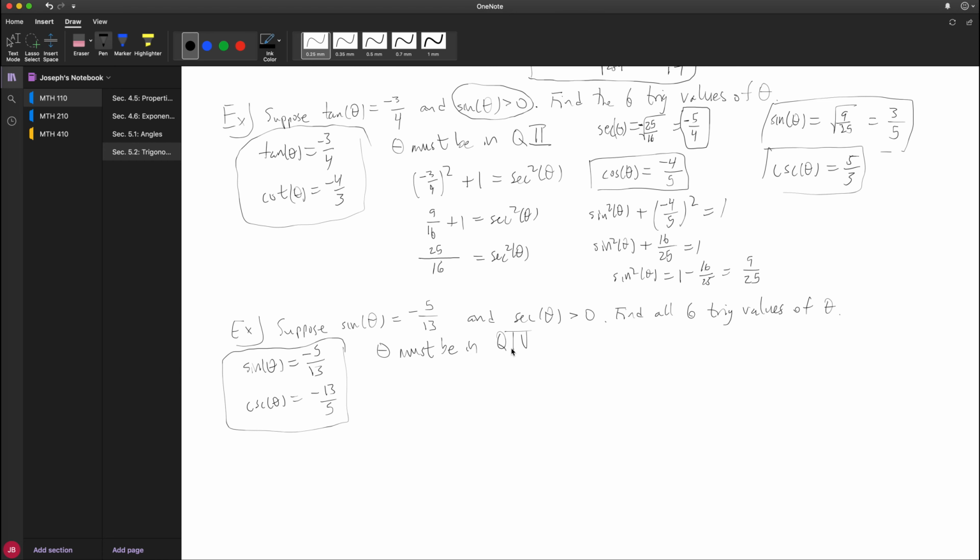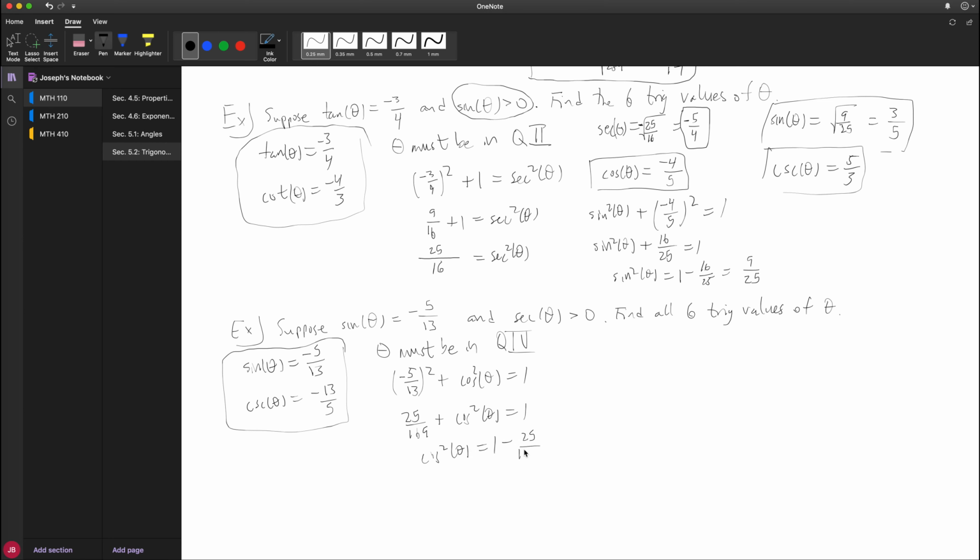All right, so let's proceed. We can find cosine theta by using the Pythagorean identity that sine squared plus cosine squared theta has to equal 1. And this is 25 over 169 plus cos squared theta equals 1. So cos squared theta equals 1 minus 25 over 169.